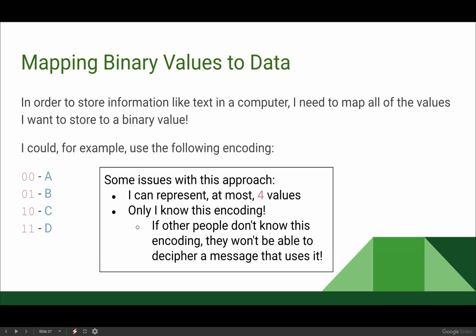And secondly, only I know what this encoding is. So if I wrote a message in this encoding and sent it to someone, they might not know what it means, because if I don't send them this key, they won't be able to read it. So if everyone doesn't know the same encoding, then having this encoding isn't super useful.